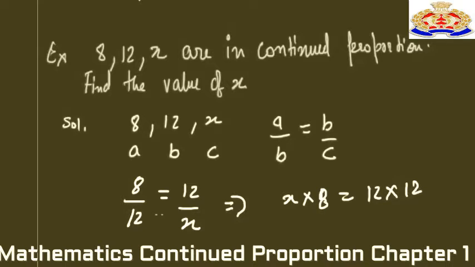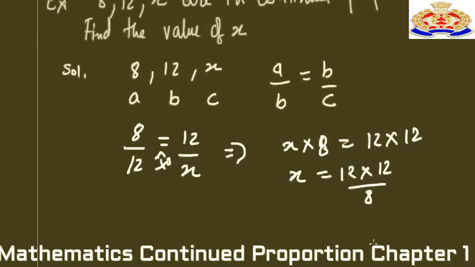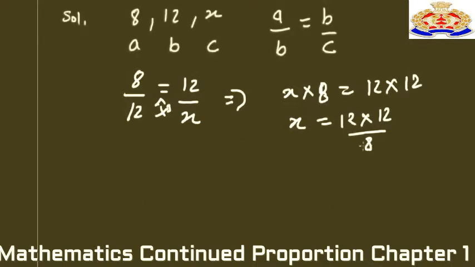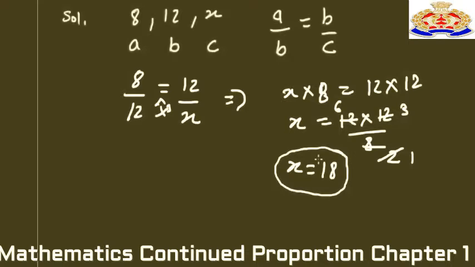We have just simply cross multiplied it. So we can write it as x is equal to 12 into 12 upon 8. We can cancel it by 4 two times and by 4 three times. Again we can cancel the 2 with 1 and 2 with 6. That is x is equal to 18. So the value of x is 18.